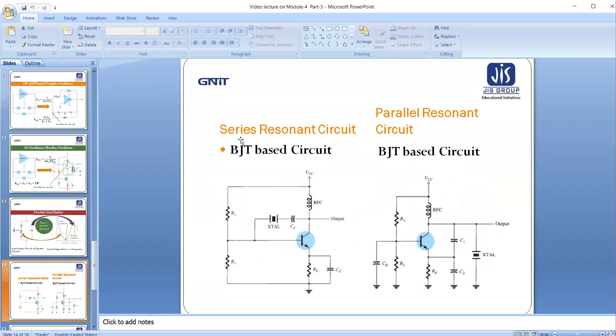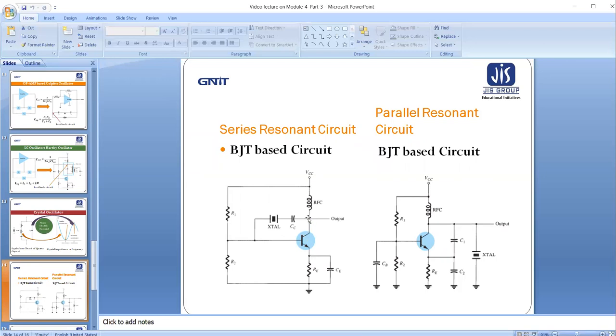So this is the series resonance circuit, which is BJT based. We are seeing that the BJT collector is connected with a capacitor and a crystal. The collector signal will be coupled by the capacitor CC with the quartz crystal.